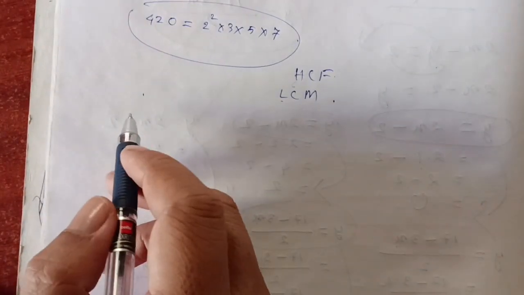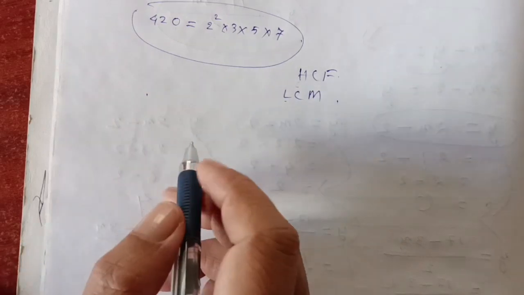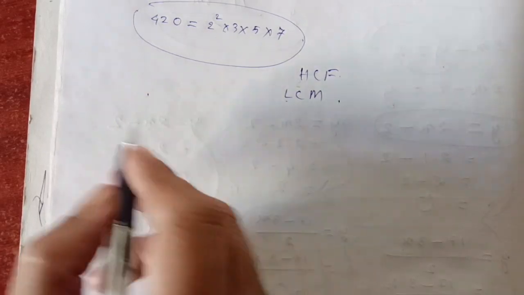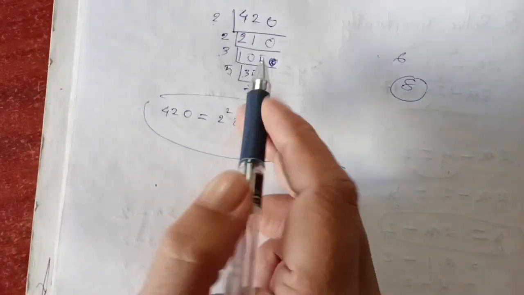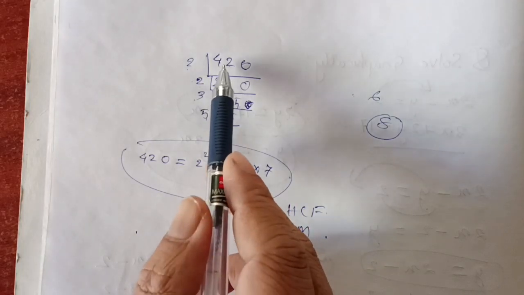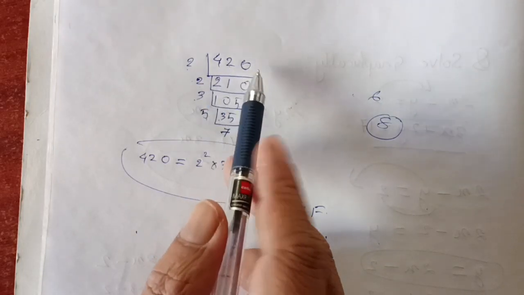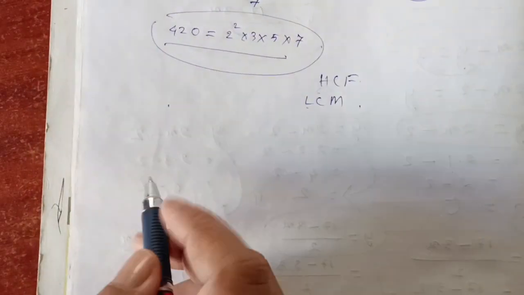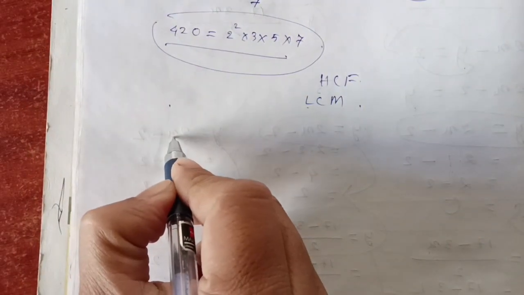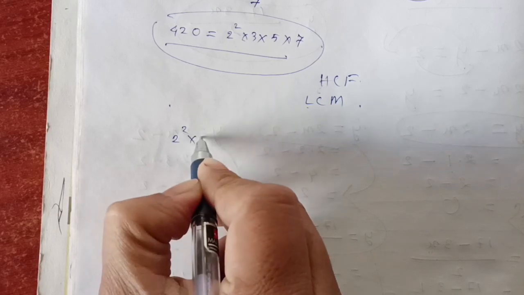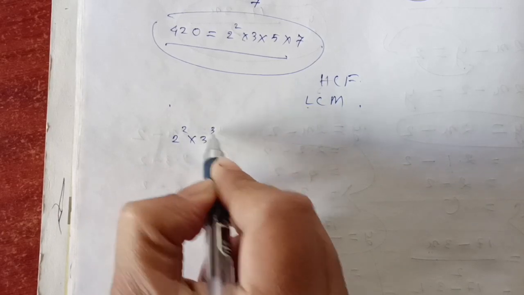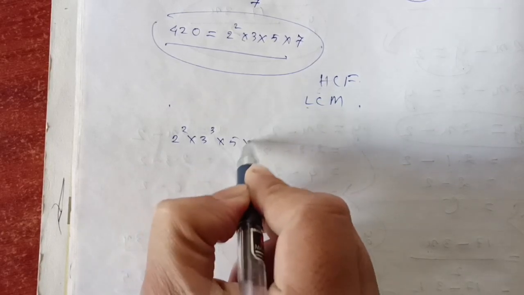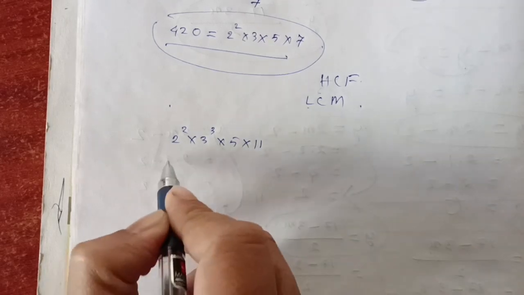So let's take one example. Let me just write some random number. After we find out the prime factorization, then we write down the numbers here. So likewise, let me just take one example. Let's say 2 square, then 3 cube, 5 into 11.